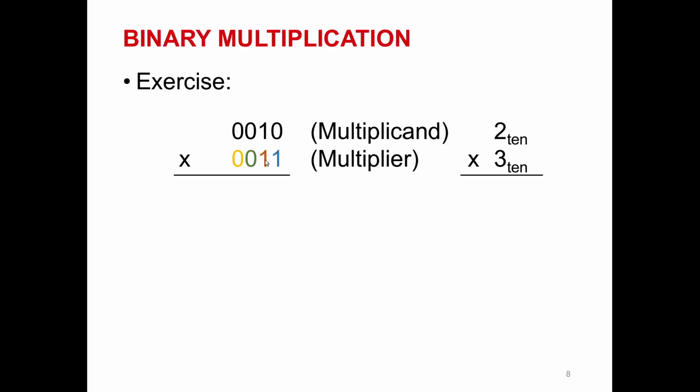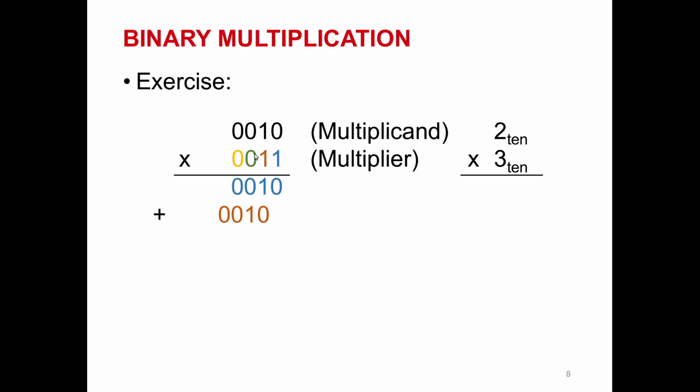At first you need to take this number 1 and multiply it with the multiplicand, which is 0010, and write it down right here. So it is 0010, and then you take the second one here, multiply it with this and write it down from here one bit further to the left, so it is 0010 written here.